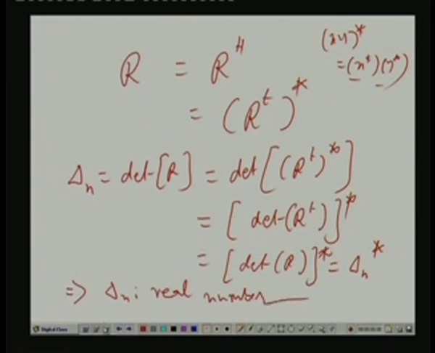Next, we show it is not only real, it is greater than or equal to 0. In fact, it is greater than 0 if x1 to xn form a linearly independent set. So first assume linearly independent.